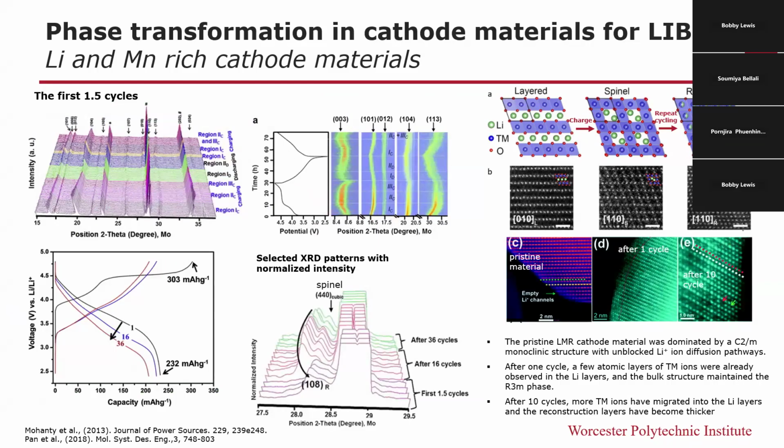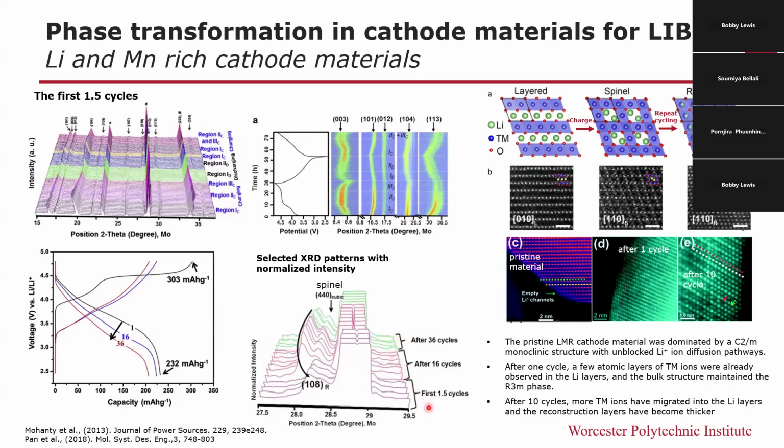This in situ pattern observes the peak position during cycling. You can see this contour plot. We can observe that some peaks shift continuously during the charging and discharging, indicating lattice parameter changes. And now the most important finding, look at the normalized XRD pattern in the bottom.